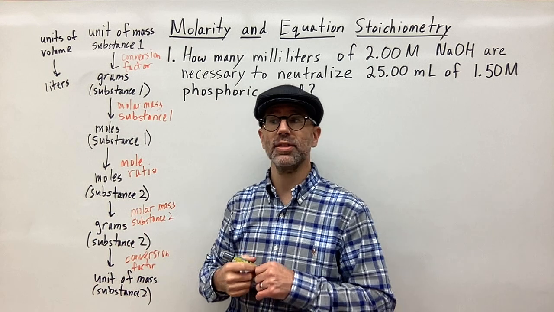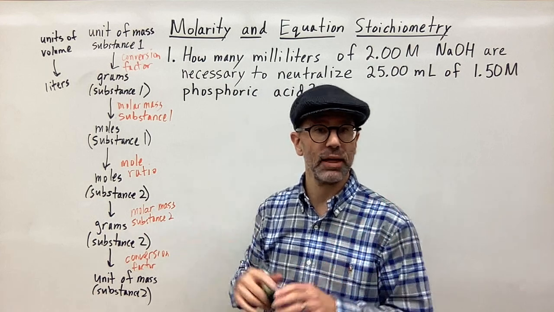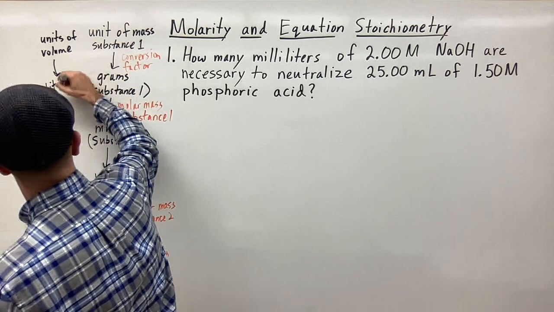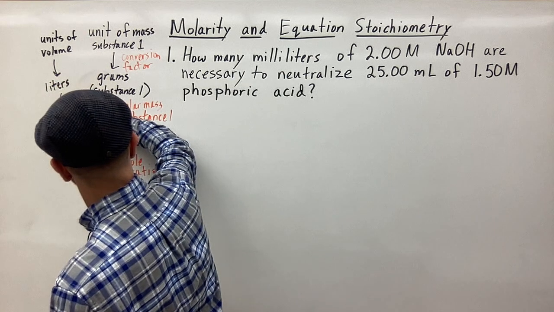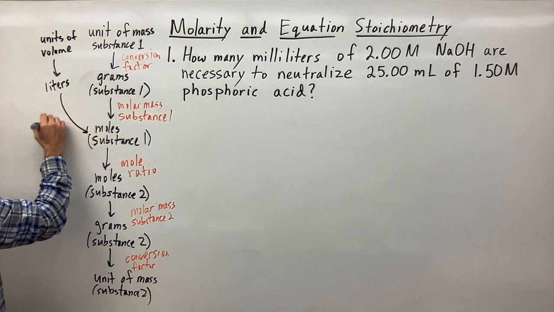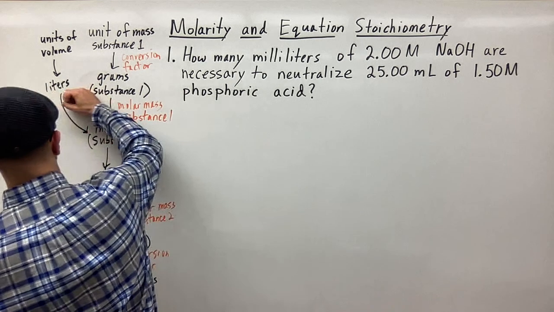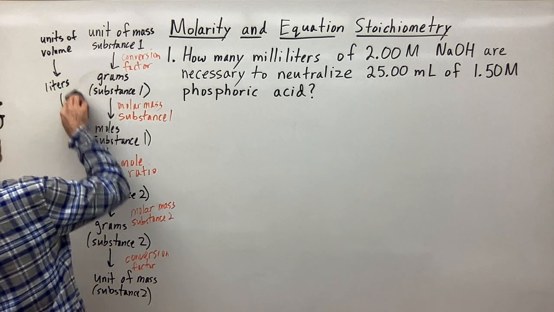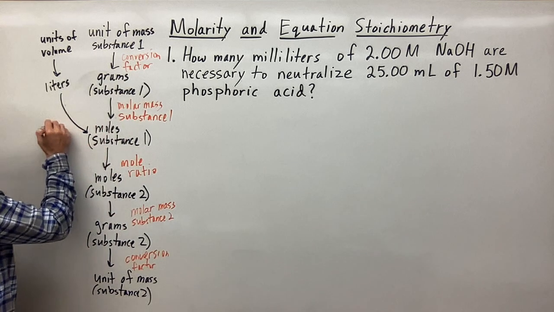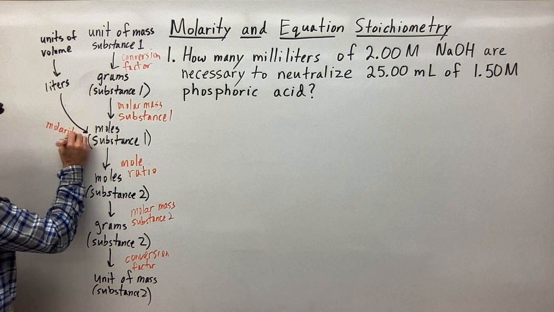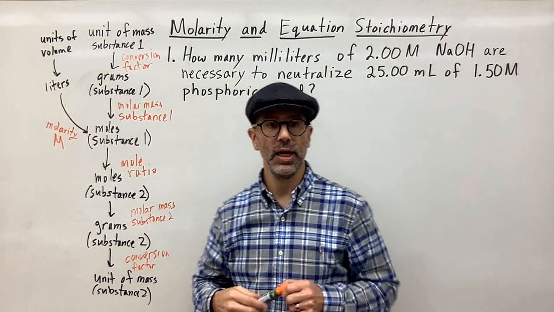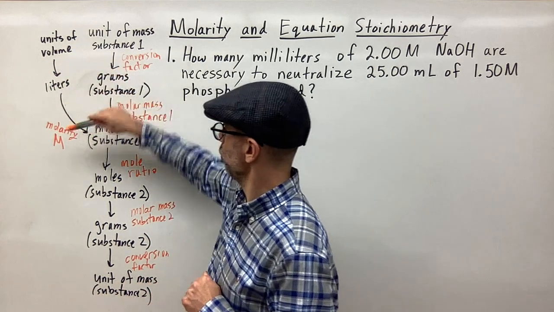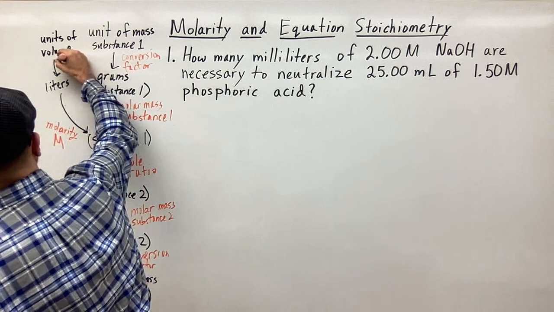You have to convert that to liters, and then you can convert from liters to moles using molarity, capital M. So now we can go from units of volume to liters and then convert liters to moles using molarity. Here, again, it will be some sort of conversion factor.